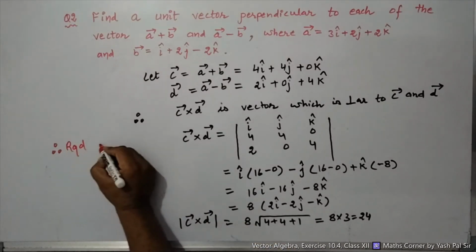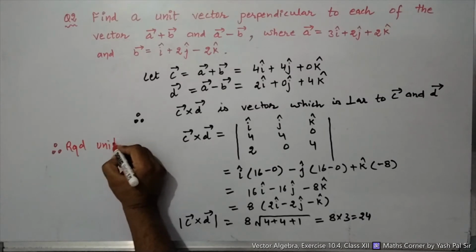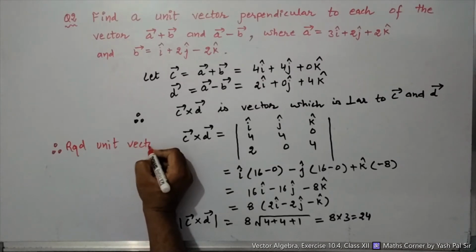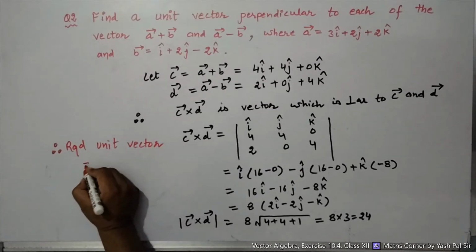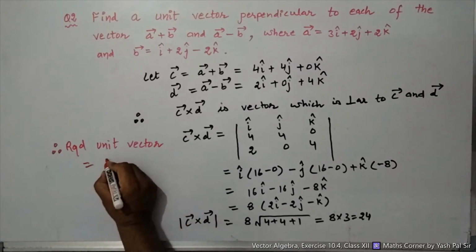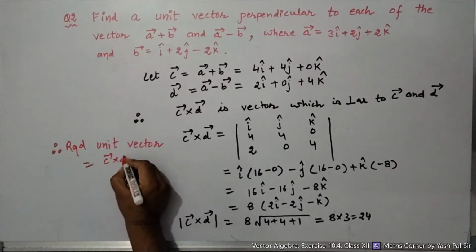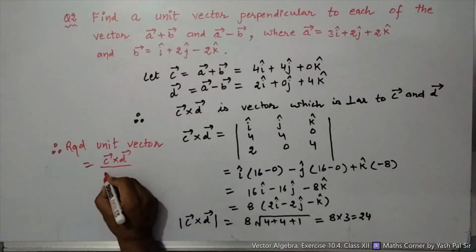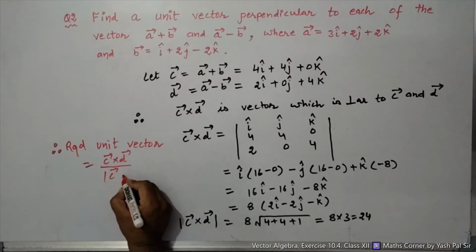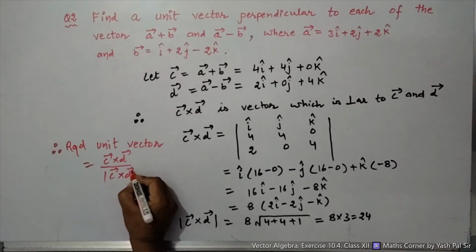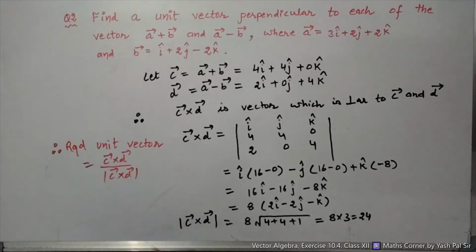So the required unit vector is equal to vector C cross D divided by the magnitude of C cross D, right?